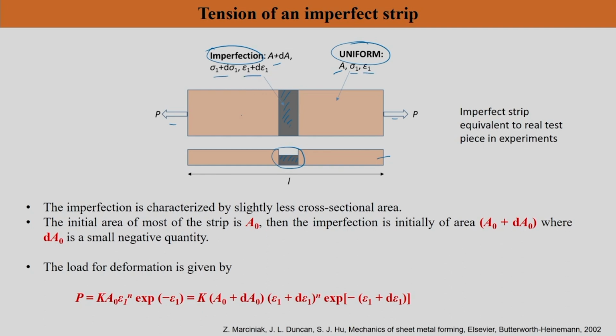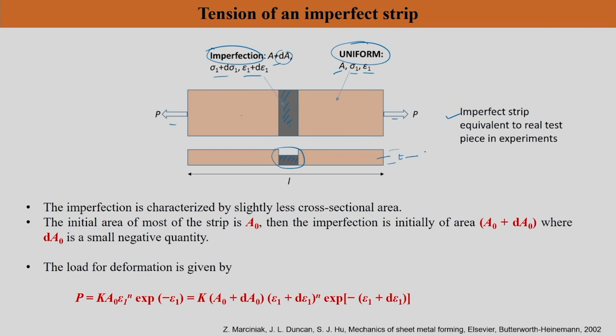So, that is why I have written here it is an imperfect strip equivalent to a real test piece in experiments. Whatever defect you have in the real test piece, you are going to have an equivalent imperfection, that is called your thickness imperfection. If the thickness here is, let us say, T, here it is going to be slightly less than this particular T. Actually, this dA is going to be a negative quantity.